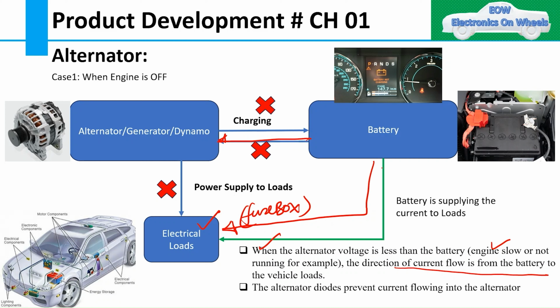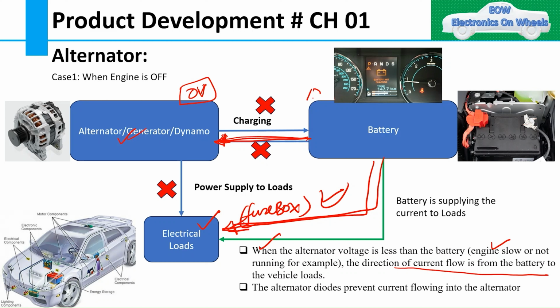So the first question: the battery will give the current to the electrical loads, this is understood. But the second question should also come to your mind: the battery has a connection to the alternator, and the voltage here will be zero when the alternator is not working, right?